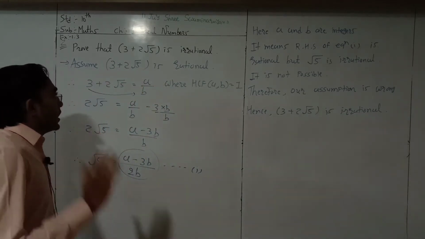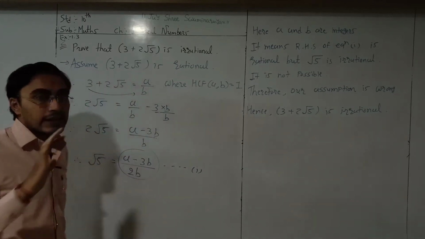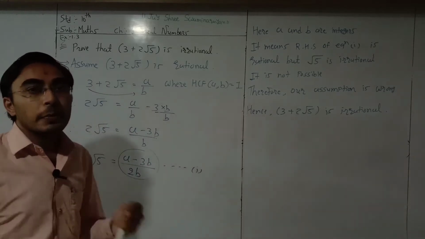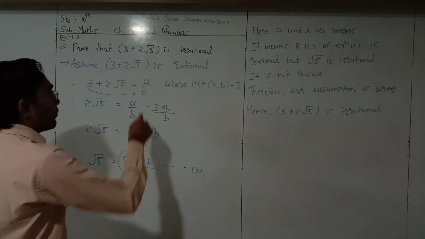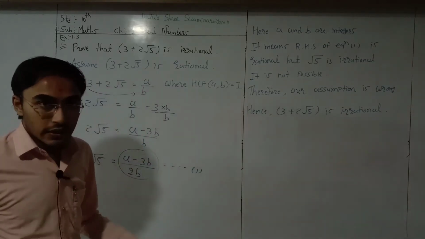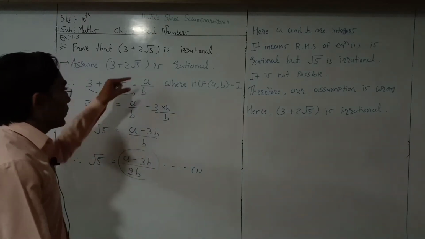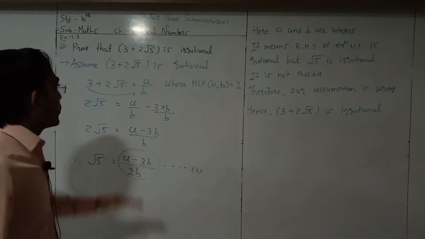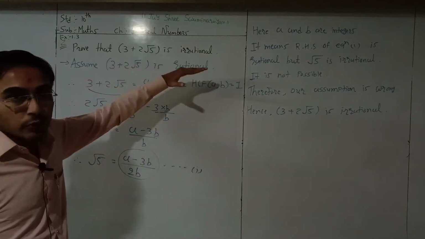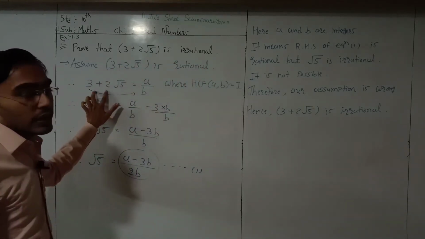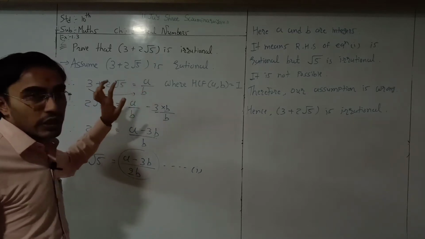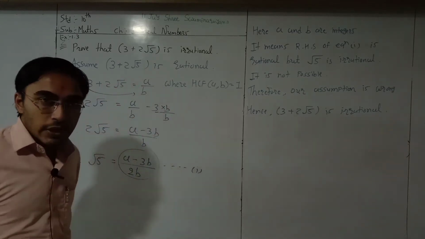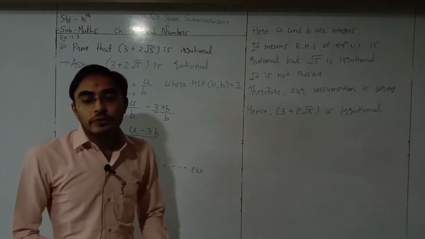Now if this number is a rational number, so we can represent it in the form of p by q, right? Here in place of p by q I am using a by b. Okay, so this number is rational, so we can represent it in the form of a by b, where a and b are co-prime numbers, right?